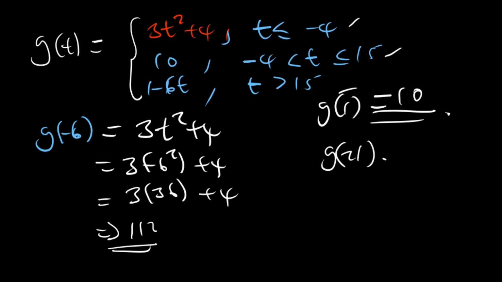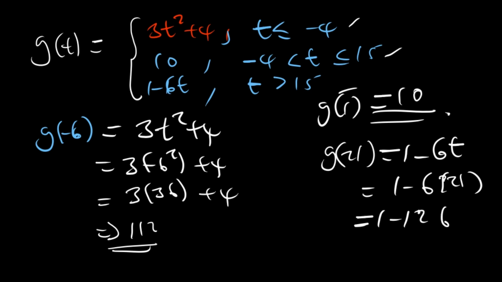Let's get the third one. 1 minus 6t. So I'm going to put now where there is t, 21. 1 minus this. So I'm saying 6 times 21, 126. So it's giving me 126. 1 minus 126 is going to give me negative what? 125.